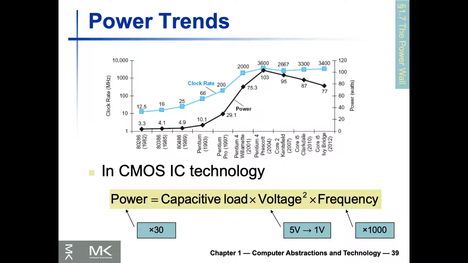As an example, if we want power to increase by 30x, we need our frequency to increase by 1,000 times, and at the same time we need to reduce the voltage from 5 to 1. This is normally a pretty hard task.